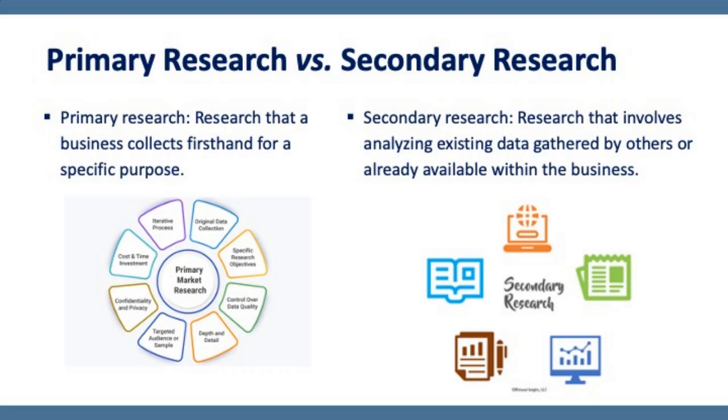So primary research means you need to collect new information. It involves collecting original data firsthand for a particular research purpose or goal. So in other words, we have a question and we need to have it answered, so we go directly to people or to situations to gather the information that can help us to answer the question.